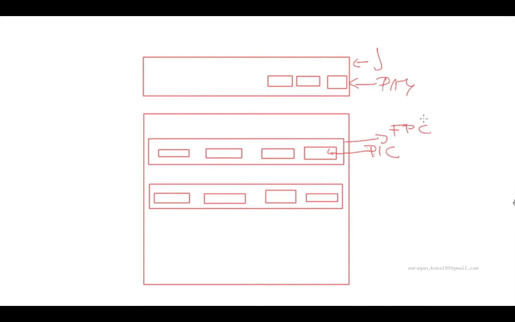FPC stands for Flexible PIC Concentrator, and PIC stands for Physical Interface Card. So basically we could have an FPC with 4 PICs, and each PIC could have, let's say, 4 physical ports. You could have less, you could have more, depending on the actual configuration of the FPC.